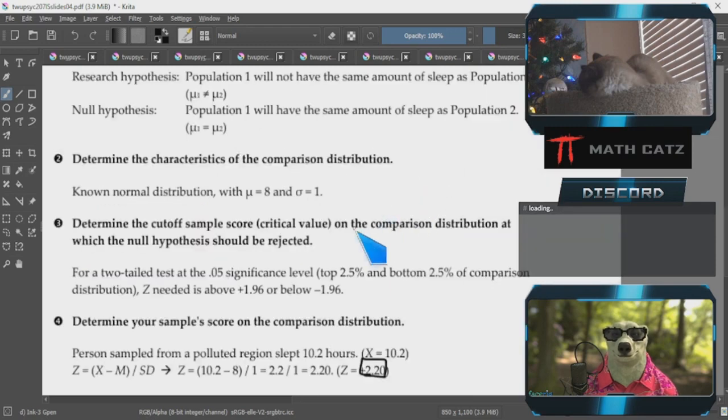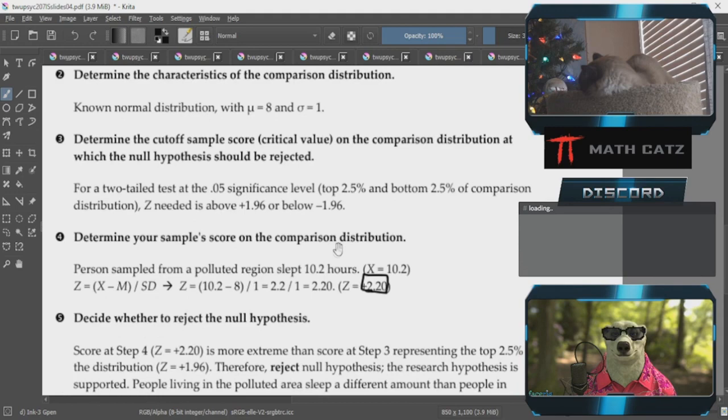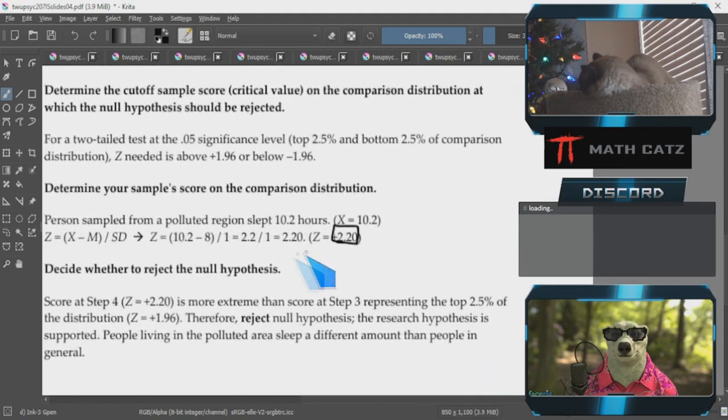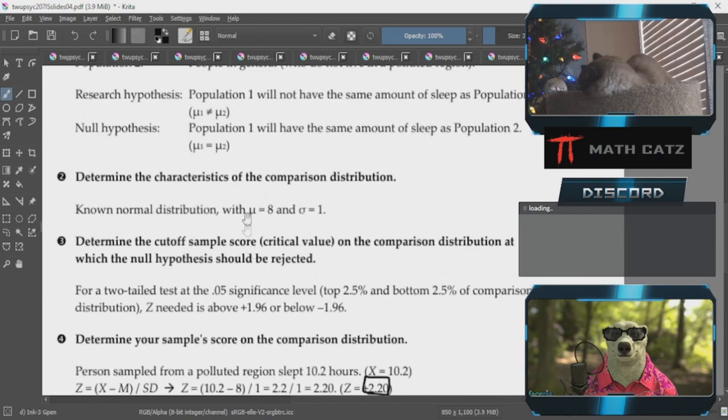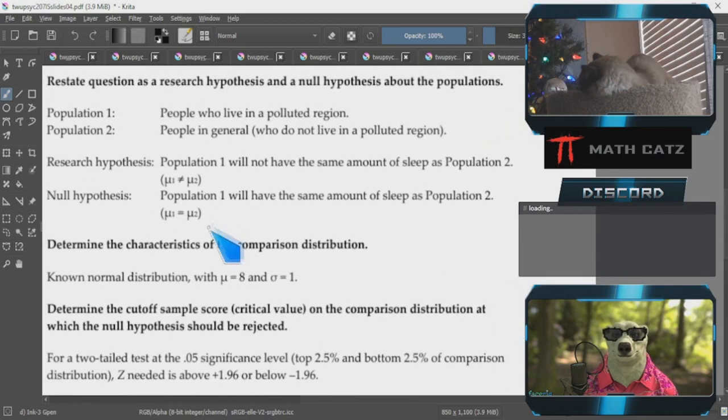So we base our decision accordingly. And we can say that the observed z-score of 2.2 is more extreme than our cutoff of 1.96. Therefore, we reject the null hypothesis. Now let's remember what it did say. Null hypothesis was no effect, no change.